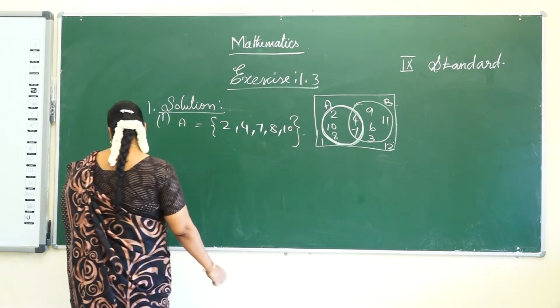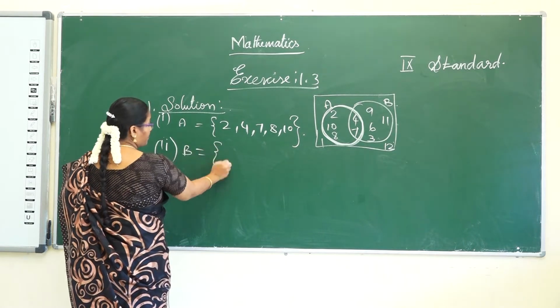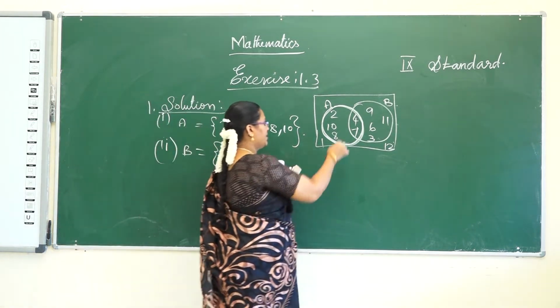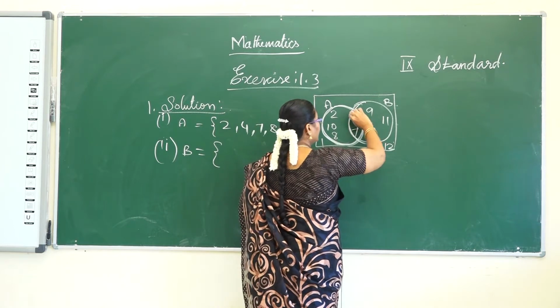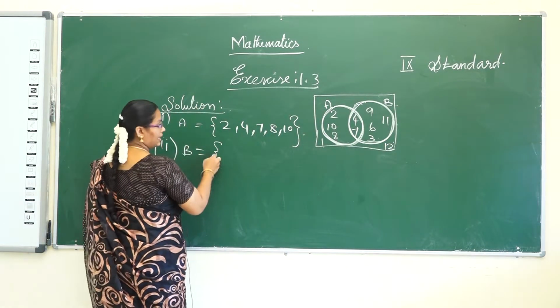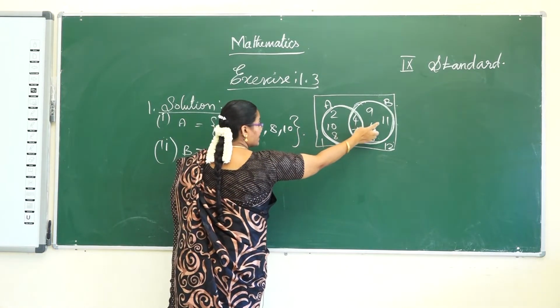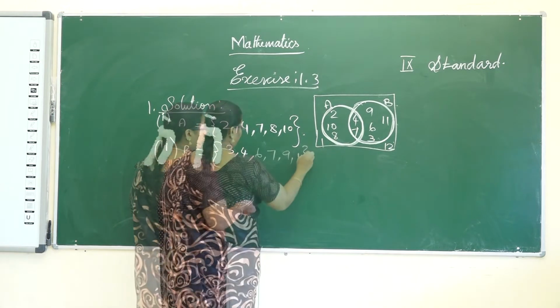Is it? And next one, listing the elements in set B. What are the elements contained in B? It contains the elements 3, 4, 6, 7, 9, 11. Write in ascending order.